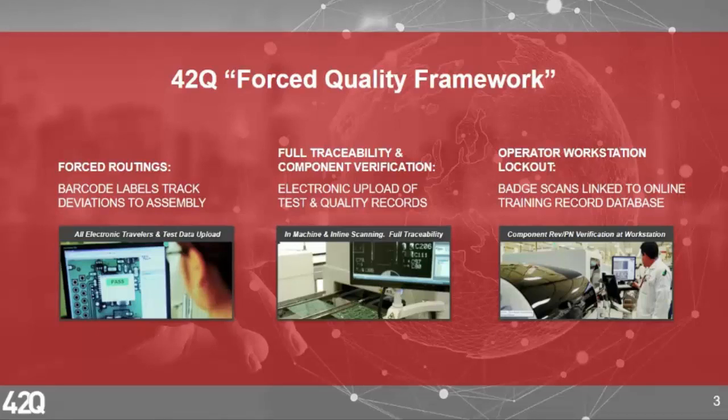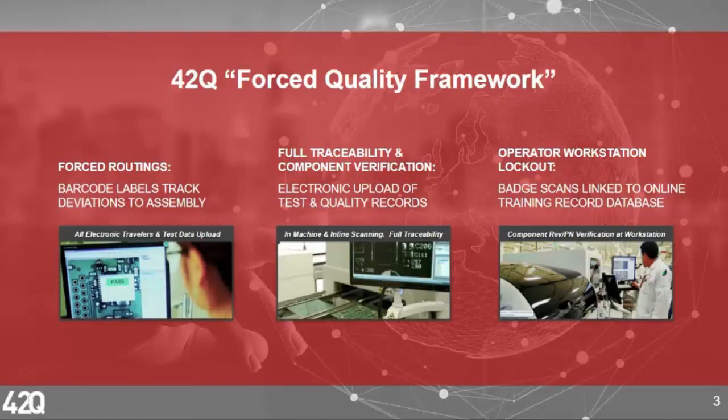So it's another way that we're ensuring the quality in your routes, making sure that if people need to be certified to work on a process, they have to have that certification in the system to actually be able to work on that process. So this is the way that 42Q ensures the quality.